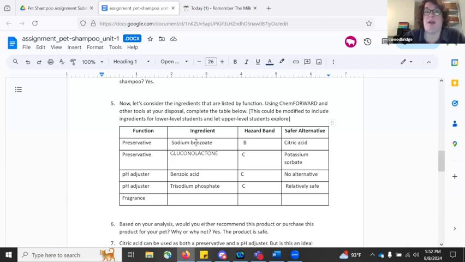I have had students in my classes say, if it's not an A, I don't want to use it on my pet. It's a fair answer. But it brings up some dialogue to say, okay, is there a preservative in ChemFORWARD that is an A? And let them look at that. And if there isn't, then you say, well, maybe the best we could do is a B. Now, how do you feel about it being safer?